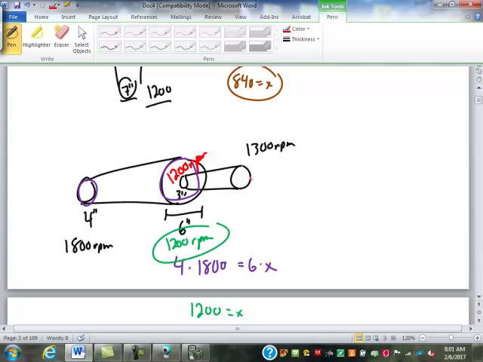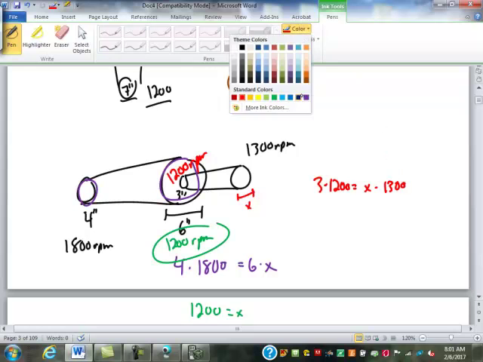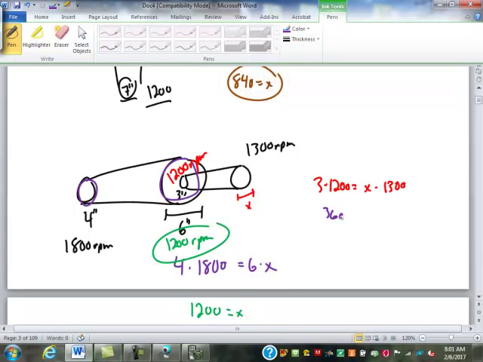So now to get to this other one, if this size is X, we've got the 3 times 1200 equals X times 1300. So 3 times 1200 is 3600 equals X times 1300. We're going to have to divide by 1300.